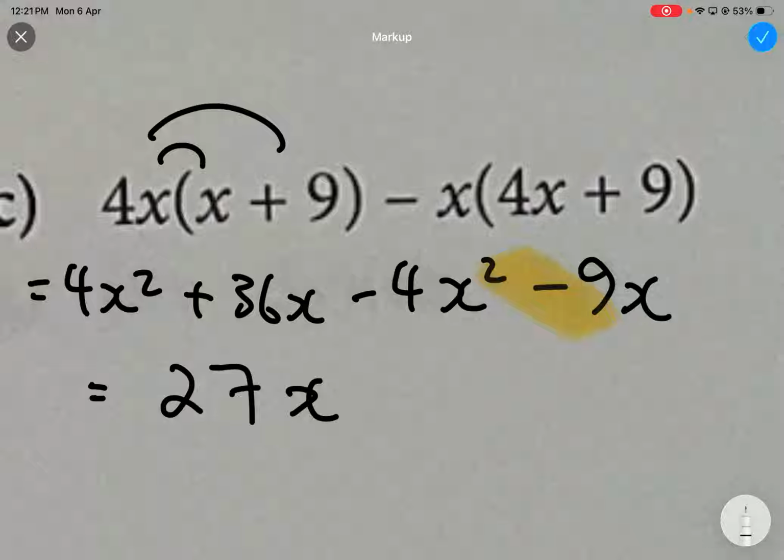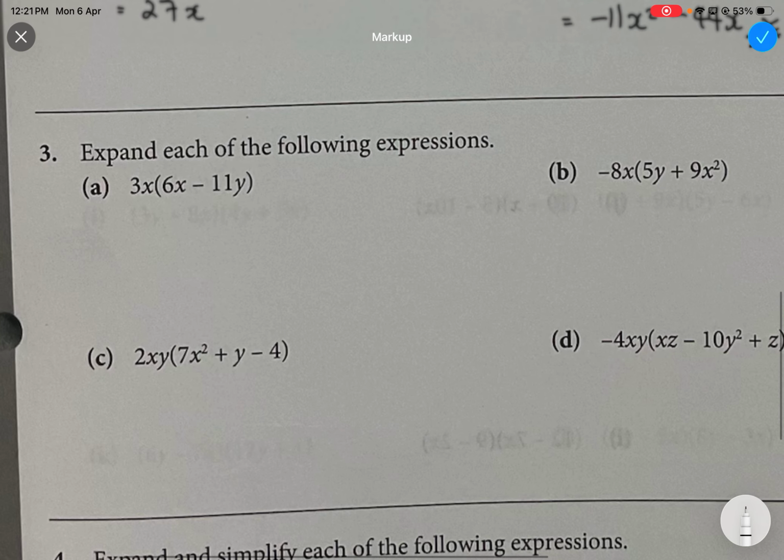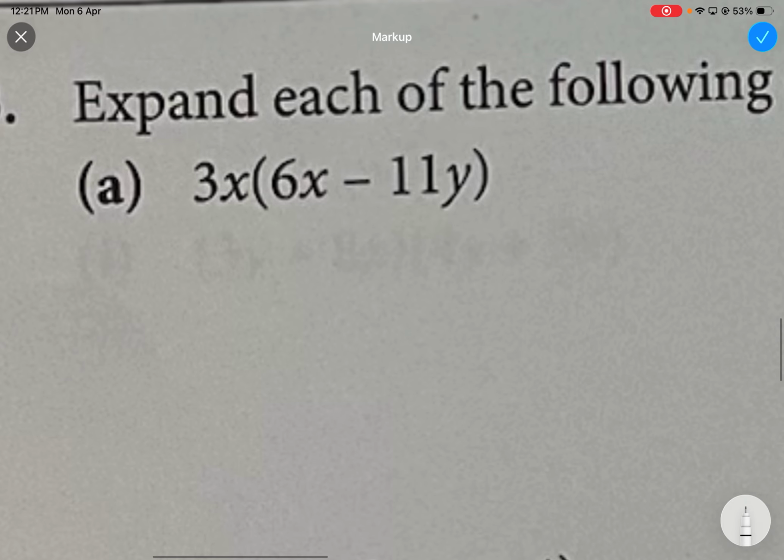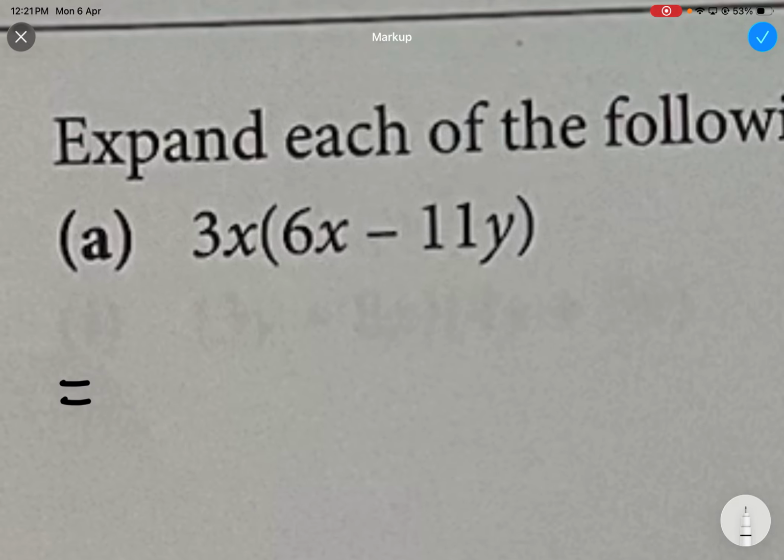Okay? Okay, then let us go on. Question 3. Some of you have done it already without me telling you to do. Very good. Okay? So when we are looking at this, we must be thinking 3x multiply this bracket. So 3x needs to multiply the 6x, 3x needs to multiply the negative 11y. 3x times 6x, 3 times 6, 18.